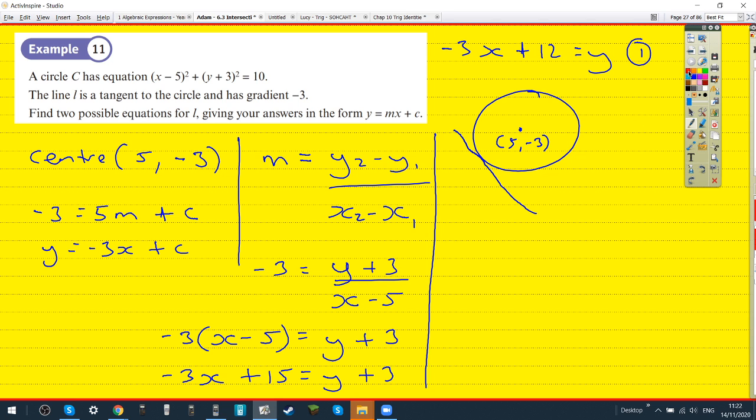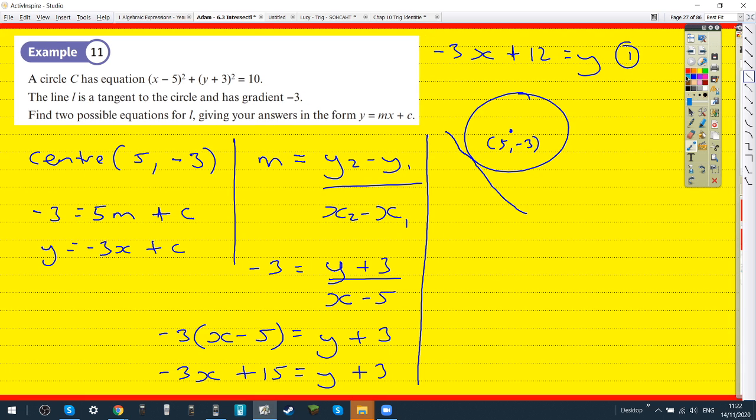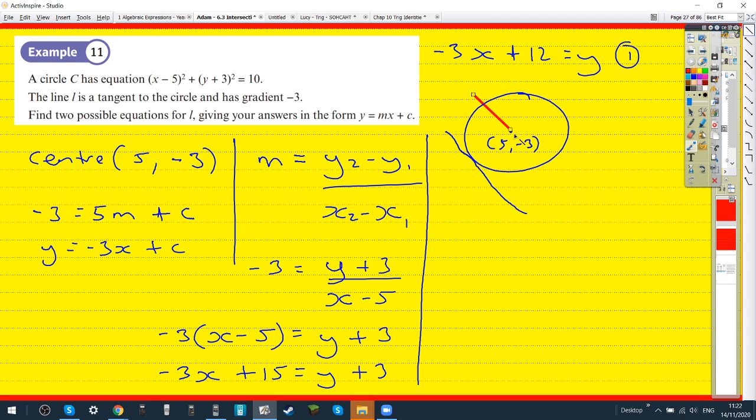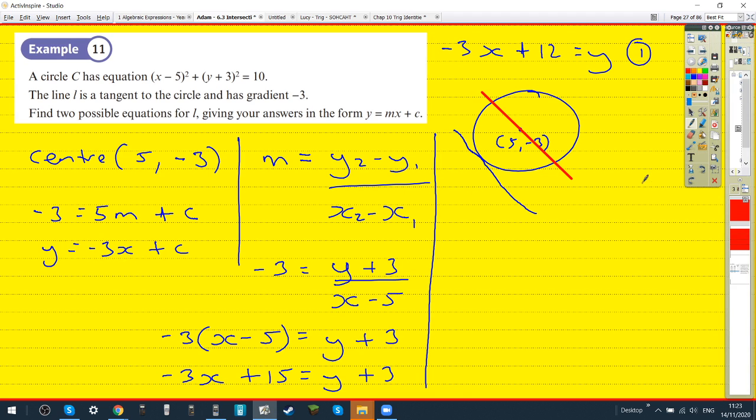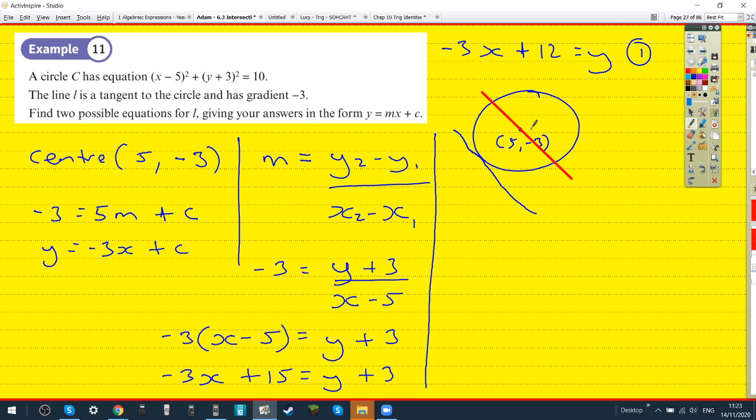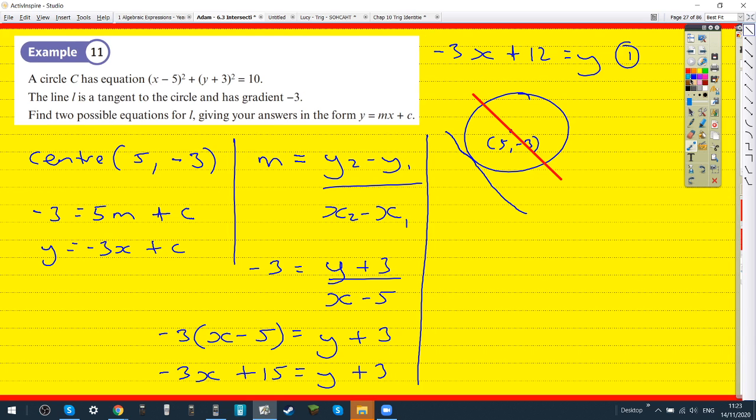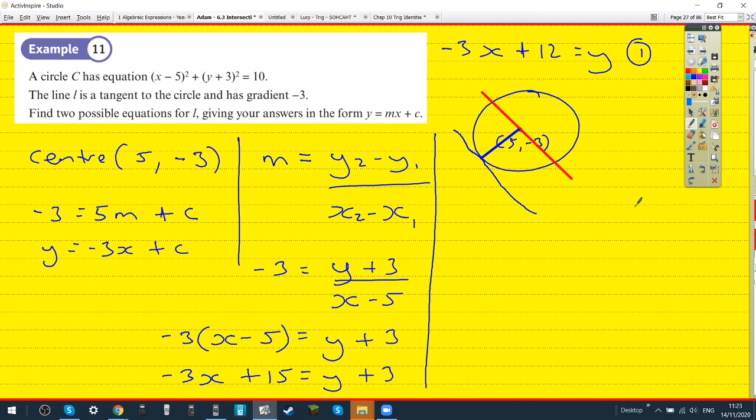We did the equation of this parallel line, I think. And that's y equals -3x plus 12. So is that just the radius? So we need the radius.